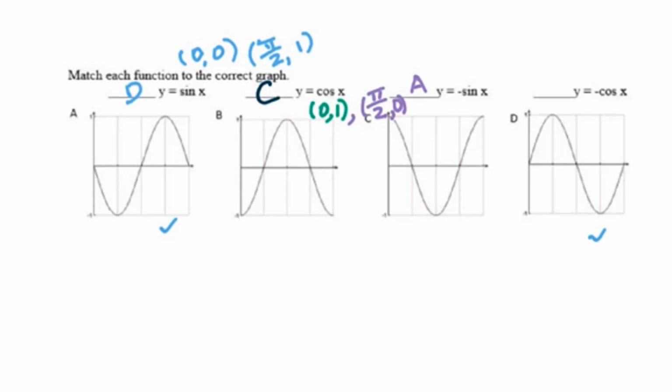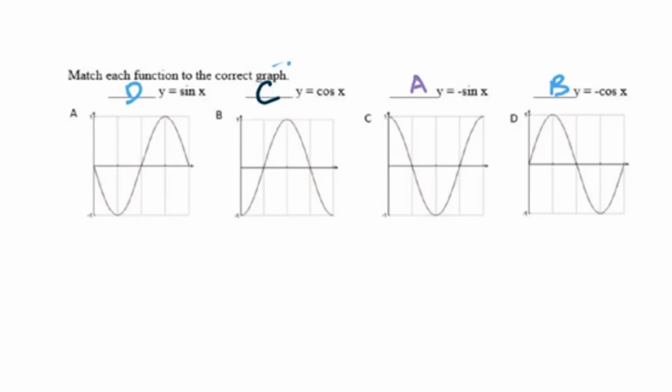For y equals negative cosine x, the graph is reflected across the x-axis, so we get B. Then try to remember each pattern. It's very critical for you to remember this pattern when you graph sine and cosine functions.